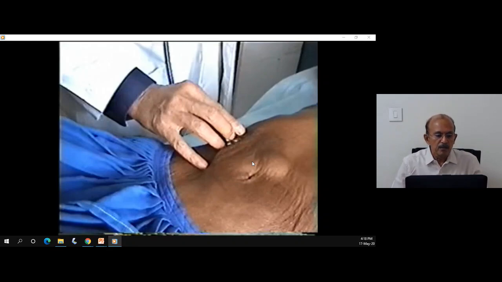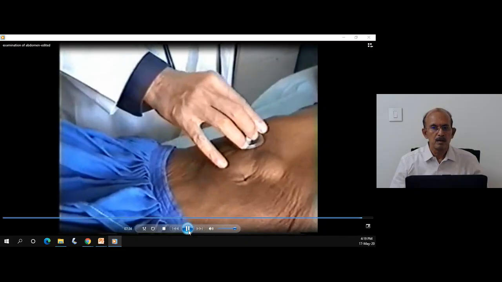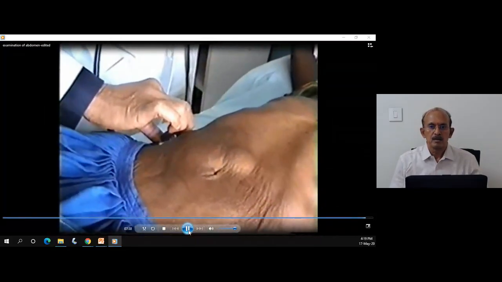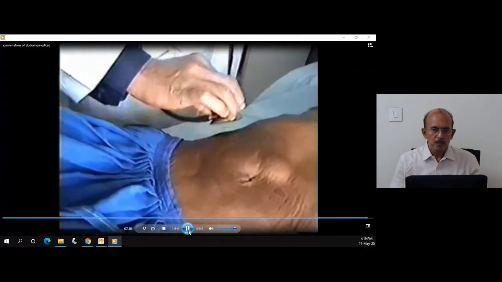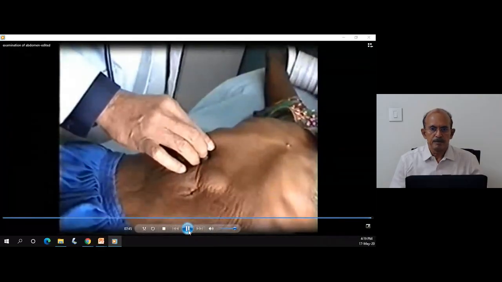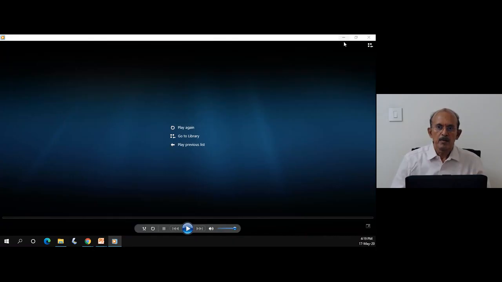If it is very vascular, then because of neovascularization there will be a bruit. So whenever a lump is there, examine for the bruit over the lump. So this is the examination, but anyway, I will show you the liver examination and tell you.